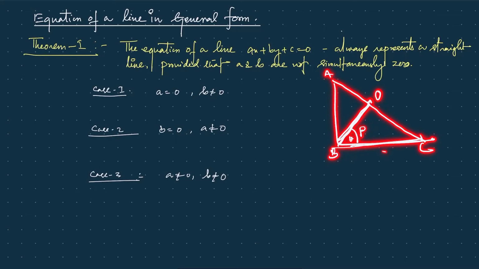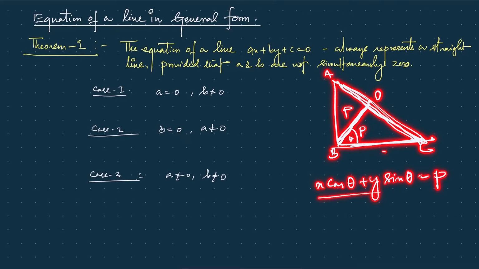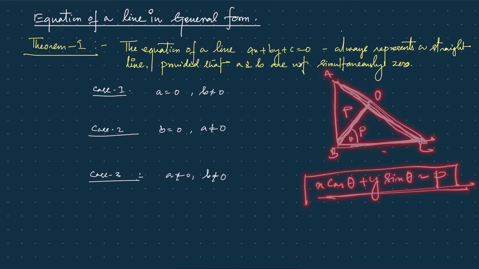Then the formula of this straight line will be x cos theta plus y sin theta is equal to the distance. If the distance is p, then it is equal to p. This is what we studied in the previous classes.